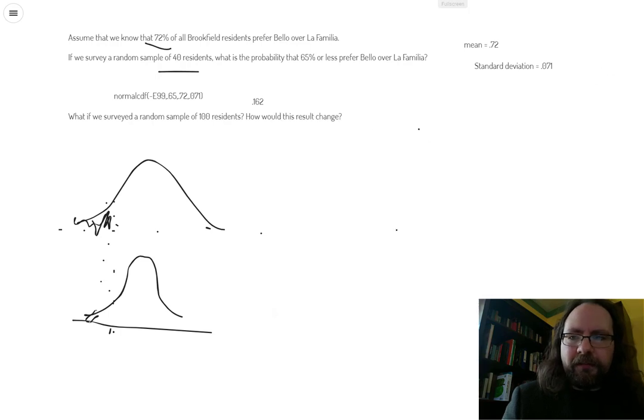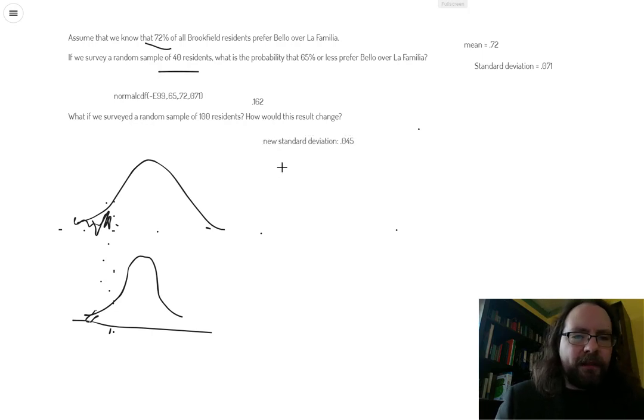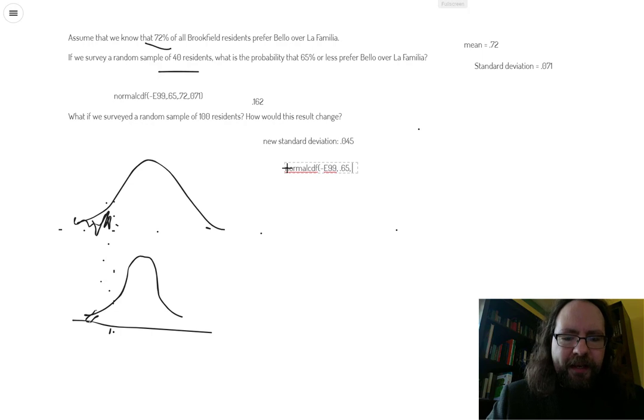So I'm just going to make a note here that we have a new standard deviation of 0.045. Other than that, the problem solving method here is essentially the same. It's a normal CDF problem. My lower bound is still negative 10^99. My upper bound is still 0.65. That hasn't changed. My p hasn't changed. It's 0.72. But my standard deviation has. It's 0.045.